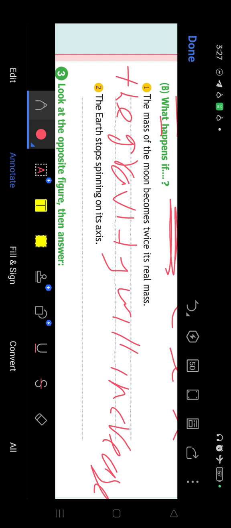Yes, the gravity will increase to twice, and the moon may crash into the earth.